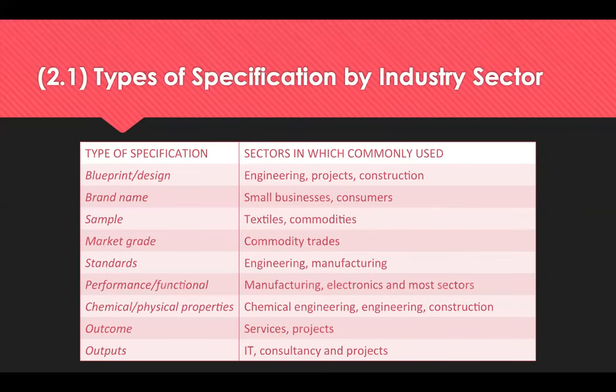Standards, you would look at that for manufacturing and engineering again. A performance or a functional spec is quite often used in manufacturing. Chemicals and physical properties you'd see in, again, chemical engineering, construction. Outcome-based specs are for services or projects, and output is on things like IT consultancy.